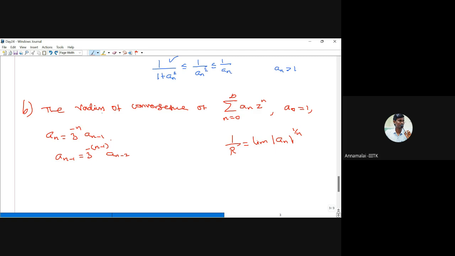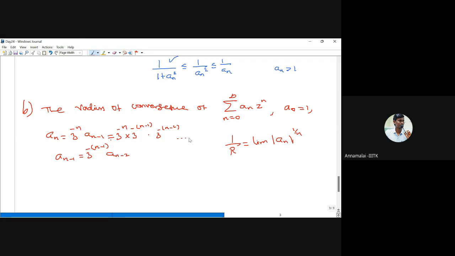So if you substitute here, you'll get 3 power minus n already there, and an minus 1 can be written as 3 power minus of n minus 1 times an minus 2. Again, for an minus 2, we can write 3 power minus of n minus 2 times an minus 3. And so on, we can rewrite.